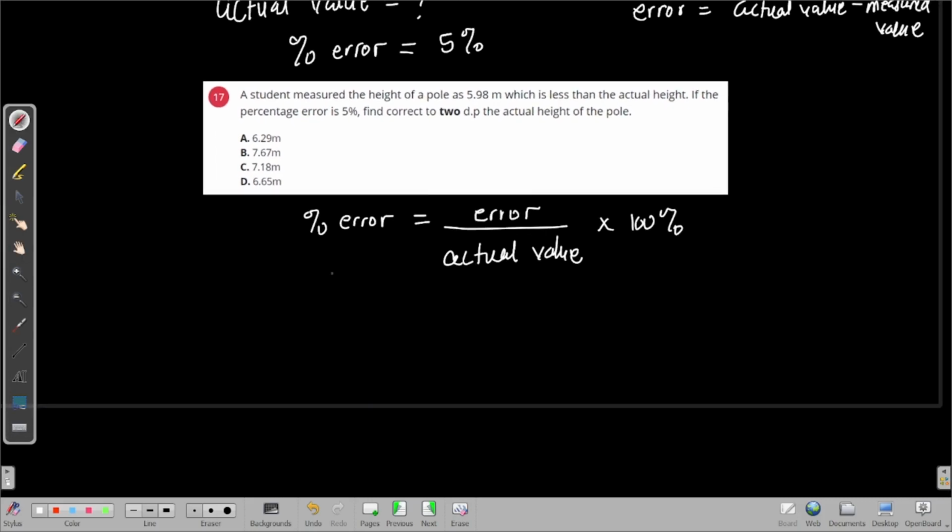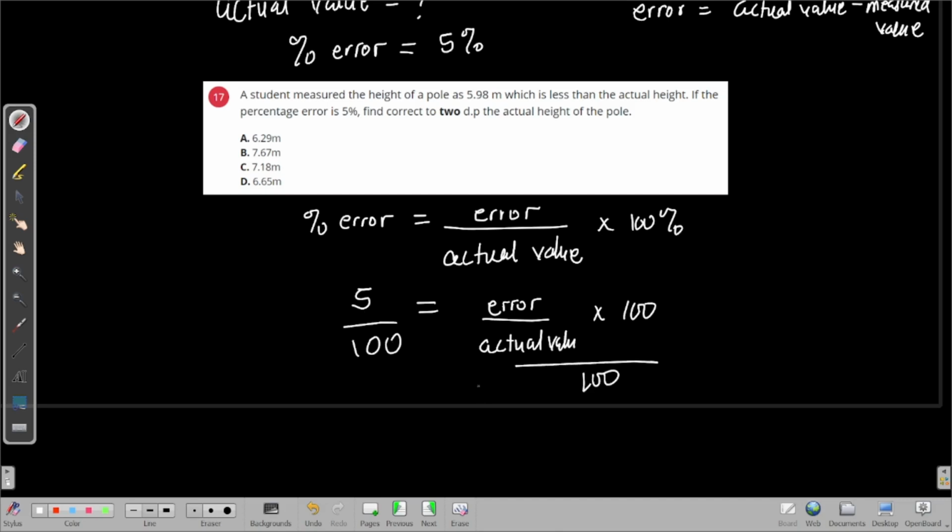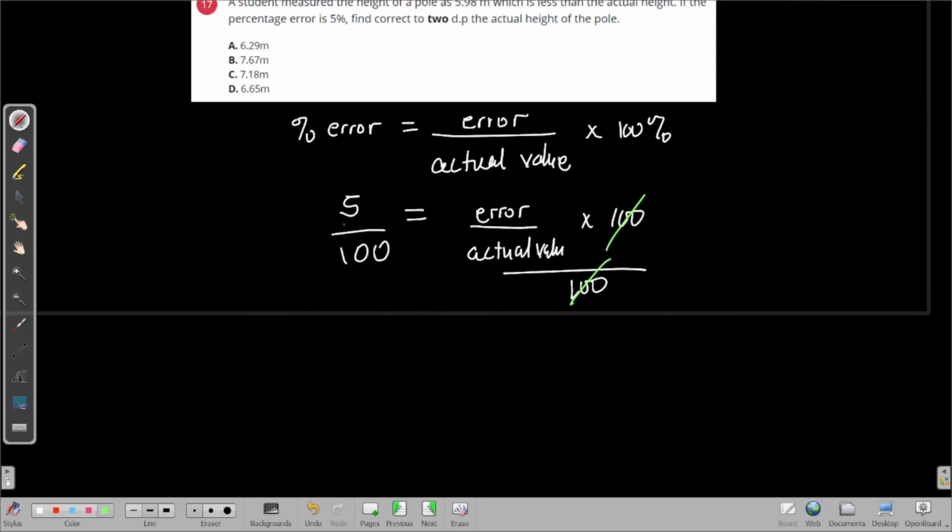Our percentage error is 5%, so 5 is equal to error over actual value times 100. So we can divide both sides by 100. So 5 over 100 is equal to error over actual value.